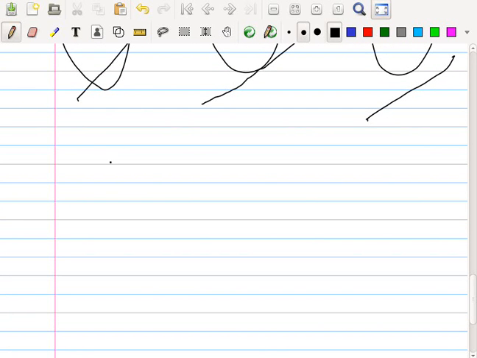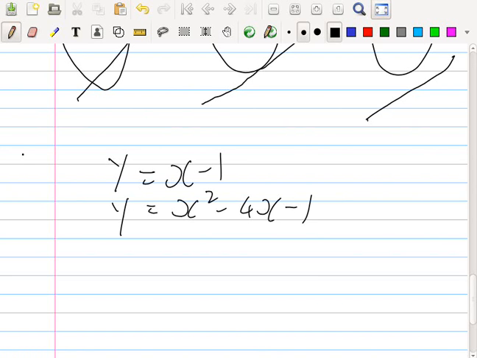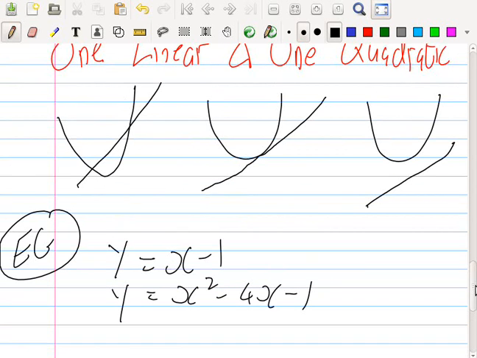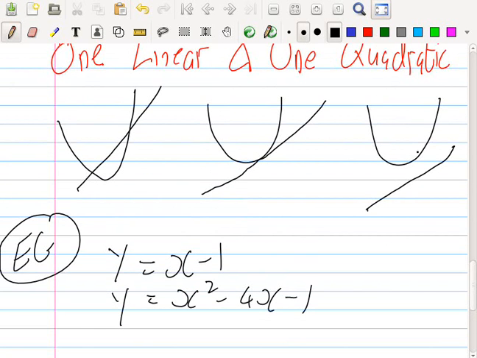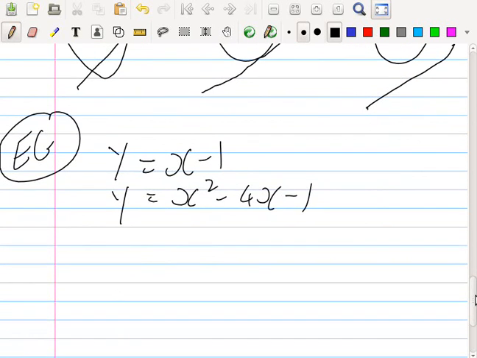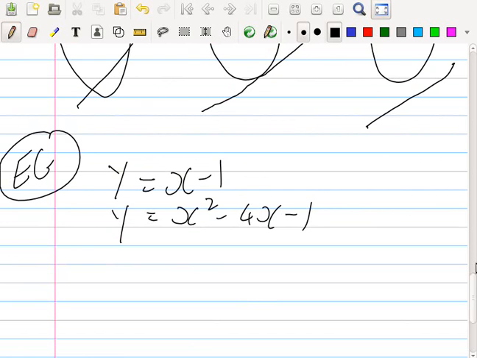So for example, I give you this linear and this quadratic. And it's either going to be A, B, C, one of these possibilities. There's no way of knowing until you try to solve it, really.